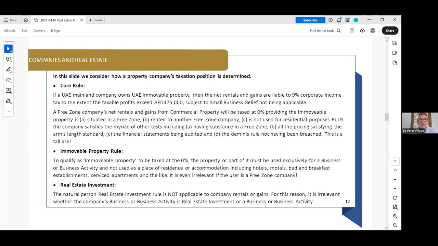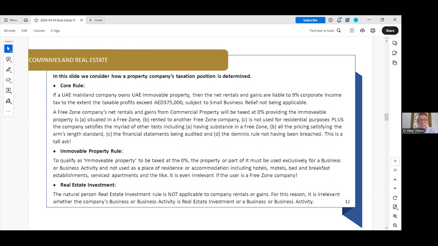I do have one client that's got a DIFC company, and that owns 2 buildings, or a number of floors and a number of buildings in the DIFC, and it rents them to DIFC entities. So in that situation, there are office floors.